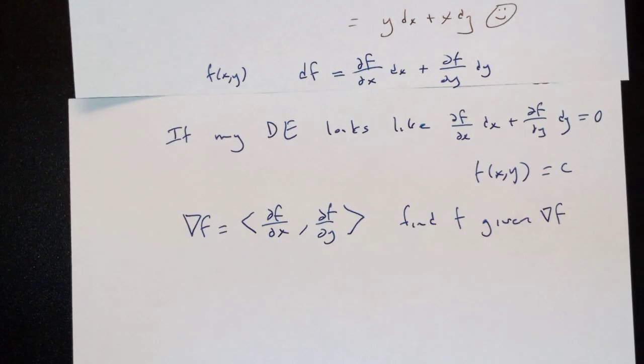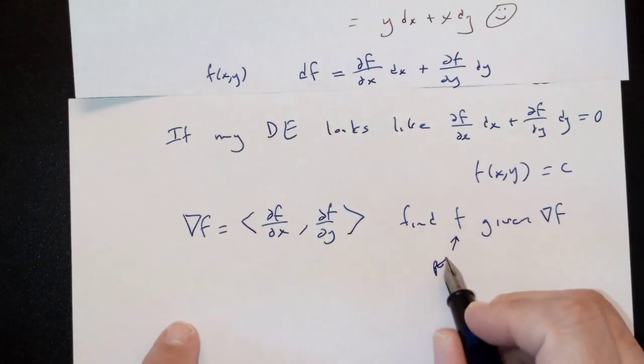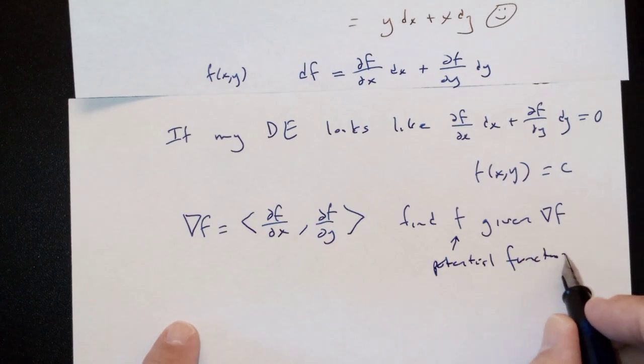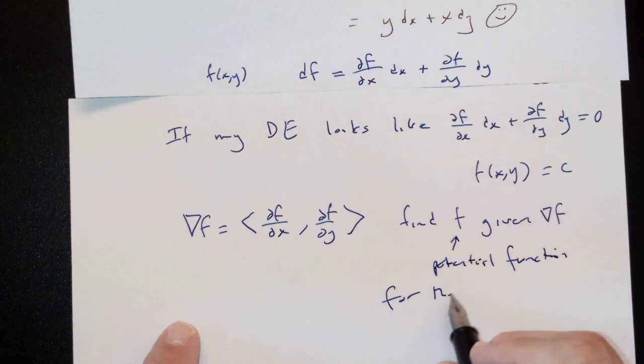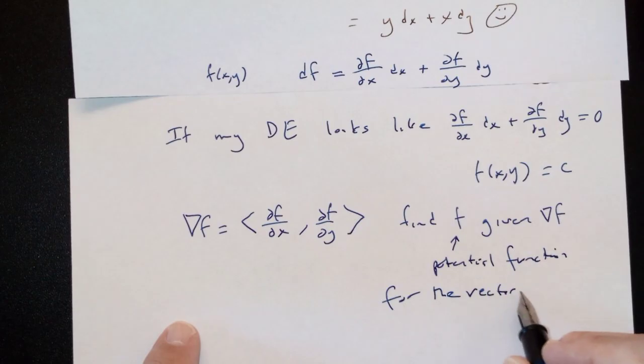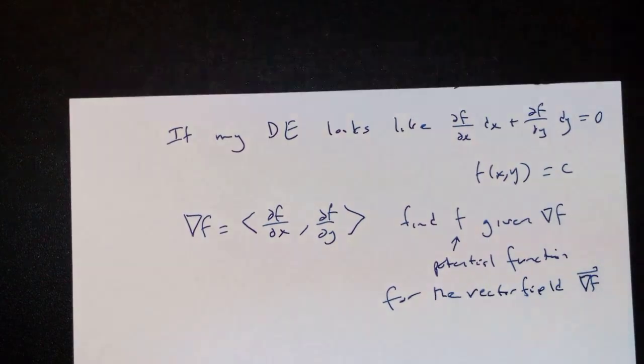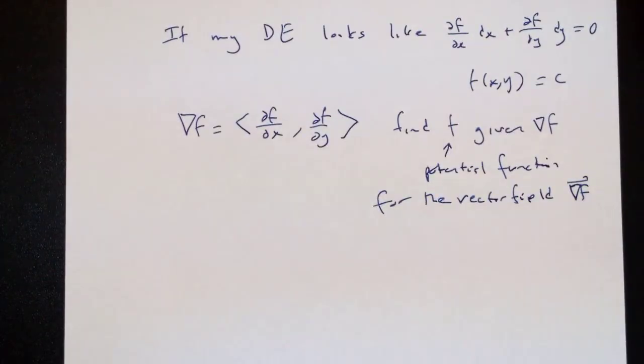We called this function f a potential function for the vector field. Hang on a second.